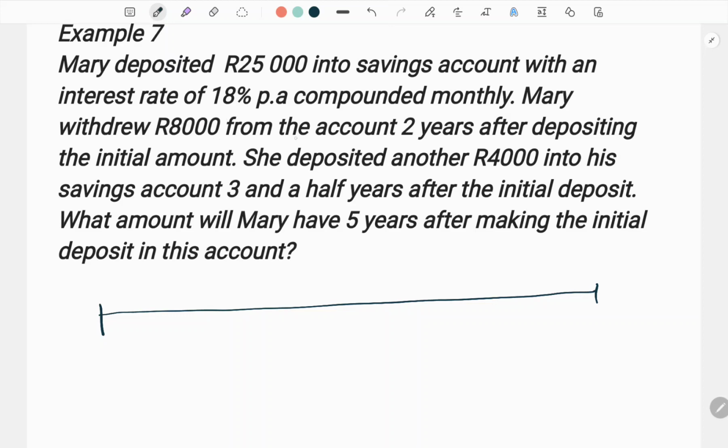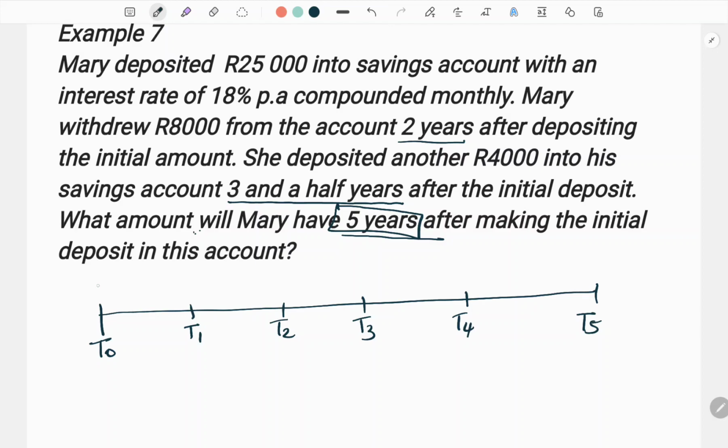I look, okay, I see 2 years, I see 3.5 years. Now the total, what amount will Mary have? 5 years. It means T0, T5, T1, T2, T3, and T4.